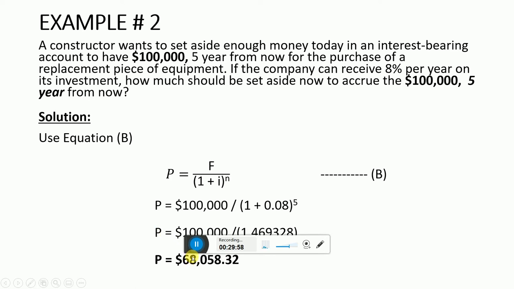So the present worth, or the present amount, which the constructor should set aside or save right now in a bank or a deposit is $68,058. If he saves this amount with the interest rate of 8%, he can get $100,000 after the span of 5 years.